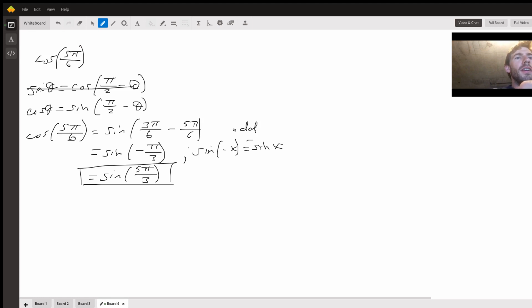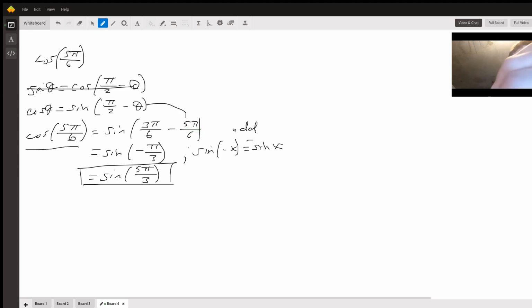That's basically saying if you do a 90-degree phase shift in sine, you'll get what cosine is. So we say cosine of 5 pi over 6 is equal to sine of 3 pi over 6, which is still pi over 2, minus 5 pi over 6, which is this theta. And then we get sine of negative pi over 3.